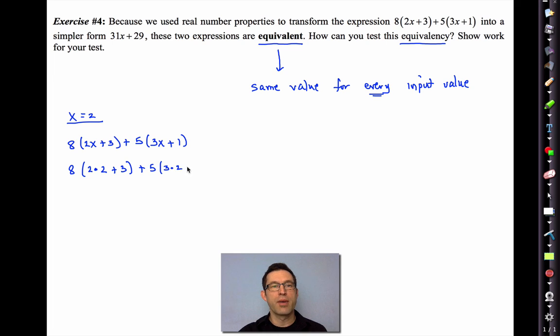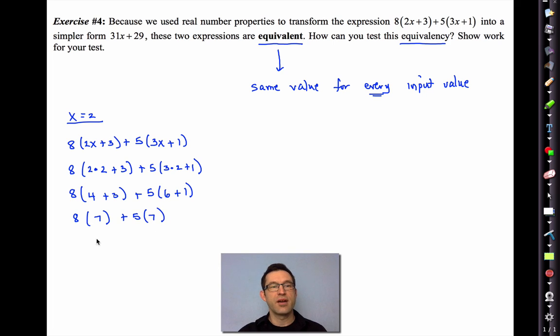I have to remember my order of operations, right? My order of operations says work within the parentheses first. And within the parentheses, what I have to do is that multiplication first. So 2 times 2 is 4. Over here, I have 3 times 2, which is 6. Now again, order of operations tells me I've really got to do what's in parentheses first. So 4 plus 3 is 7, and hey, I have another 7.